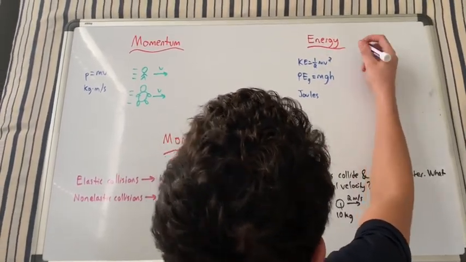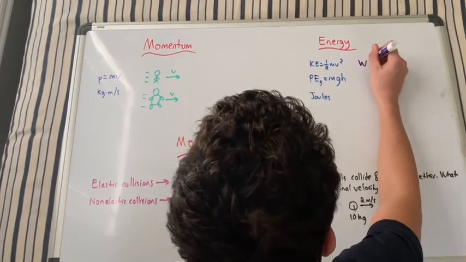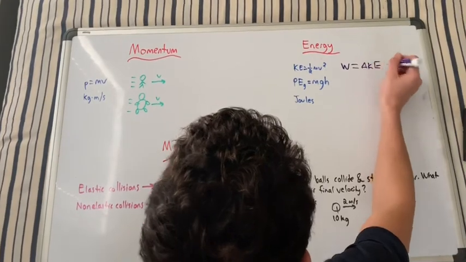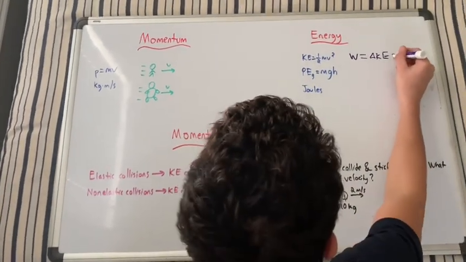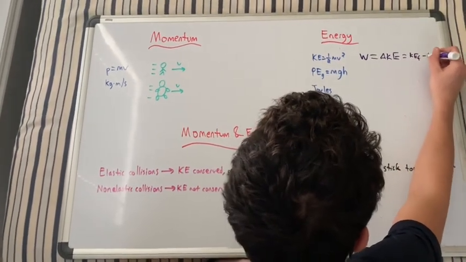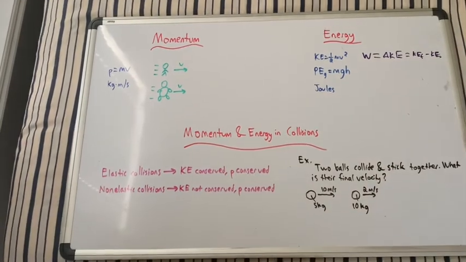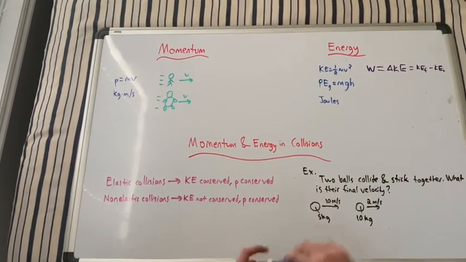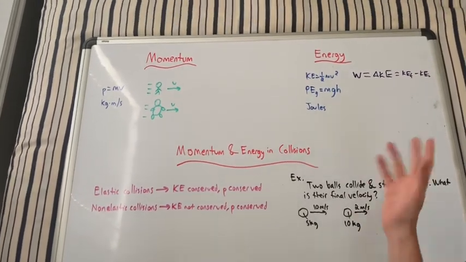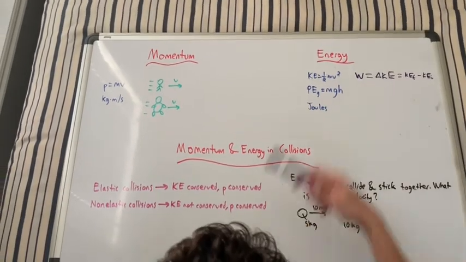For kinetic energy, it's called the work-kinetic energy theorem, and it says that work is equal to the change in kinetic energy: KE final minus the initial kinetic energy. These are useful in problems where you're given energy and some forces, and you need to determine the work done or velocity.